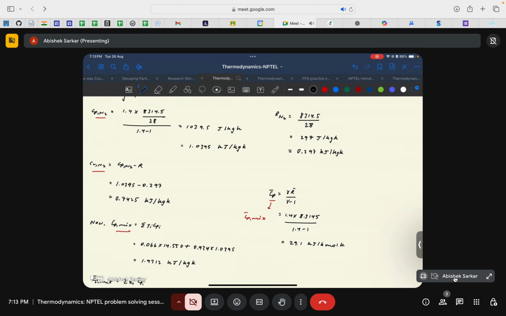For air, R is 0.287, Cp of air is 1.005, and Cv of air is 0.718. Since nitrogen has the highest composition in the air, that's why the specific heat of the air is also similar to nitrogen.